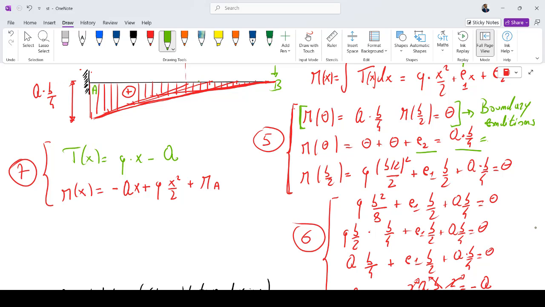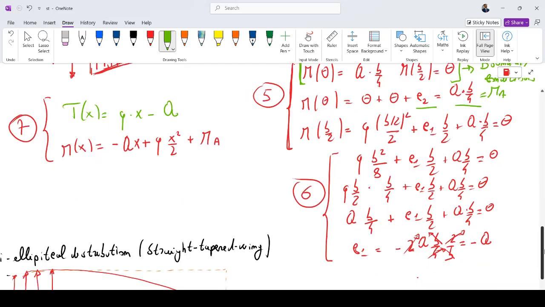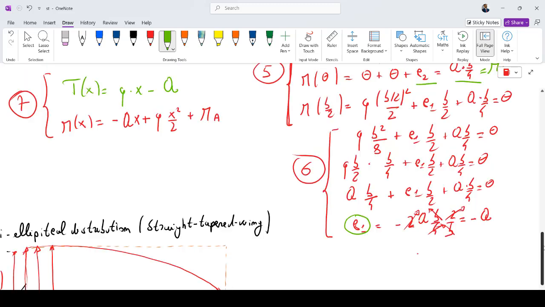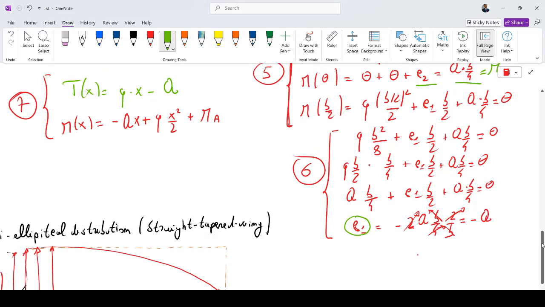This is MA, the moment acting in the interlocking, so at point A, at boundary A. While if we put B over 2 in these equations, we obtain, after some simple calculation, that C1, the other constant that we must know to express the equation of the bending moment, is equal to minus Q, that is equal to minus VA.